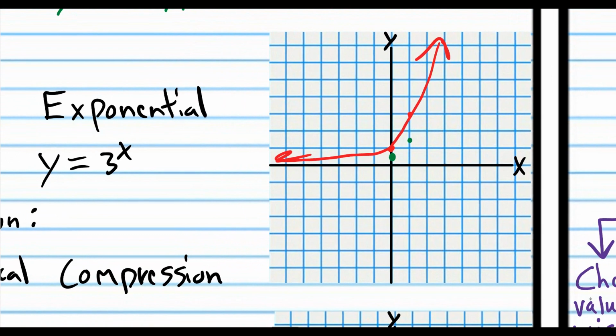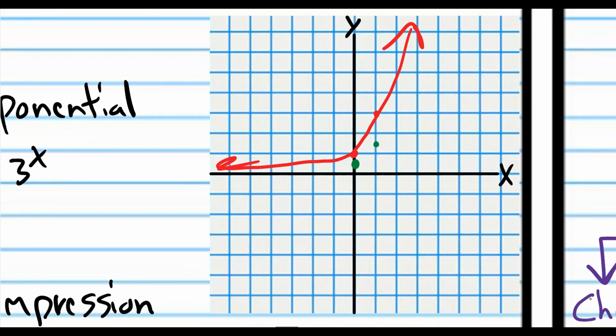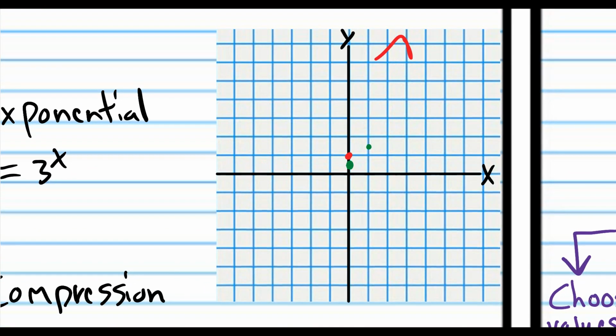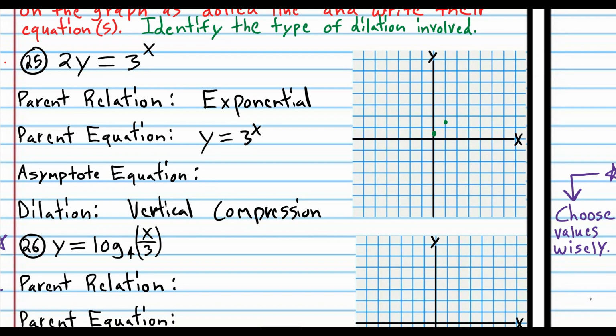We're reducing the size of the y values by half. So that's the basic idea here. If you multiply y by 2, you're actually taking all the y values and cutting them in half. Now I know that seems like it's the exact opposite of what it should be, but remember that's how this works sometimes.